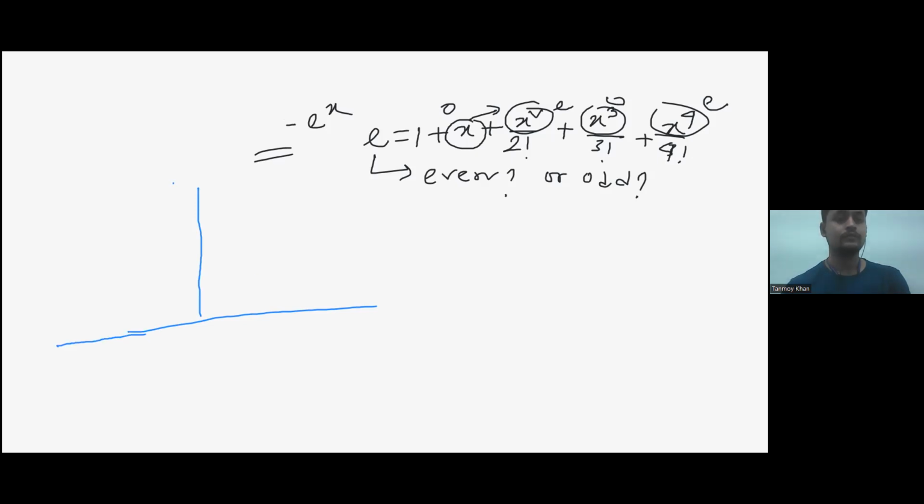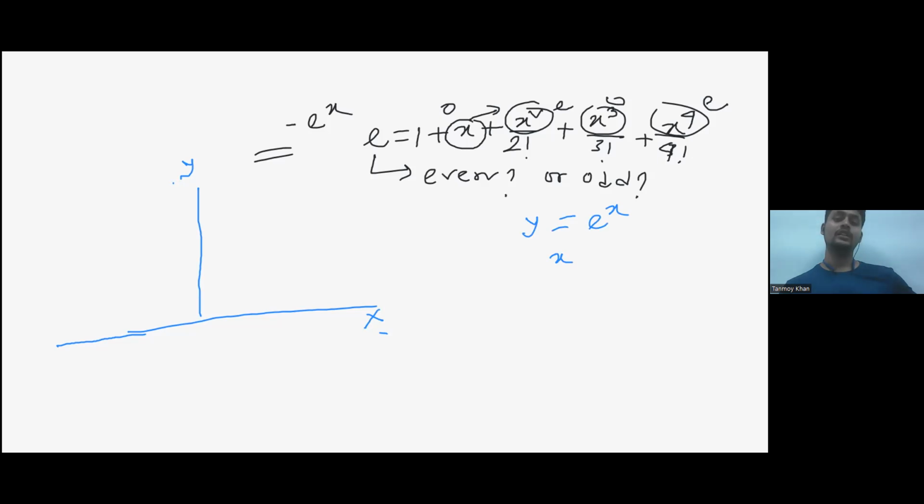So this is the y-axis, and now this is y is equal to x. For this kind of function, you need to think like this: you need 2 or 3 values, then you can have an idea of how to plot it.